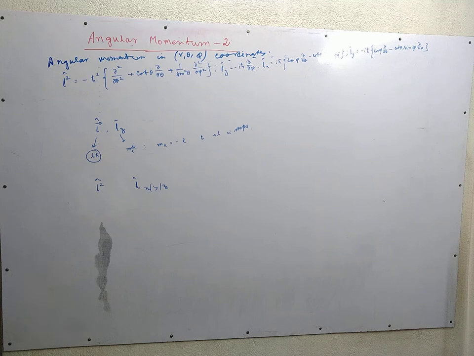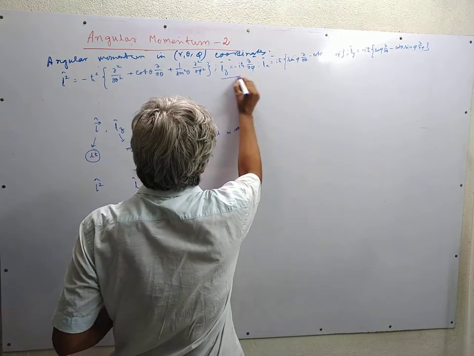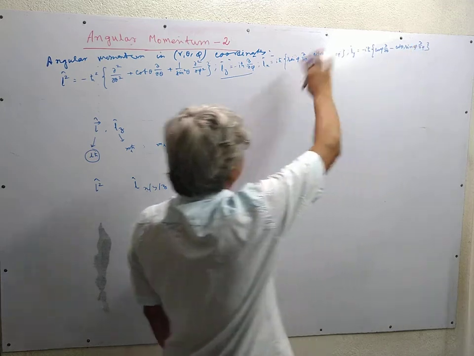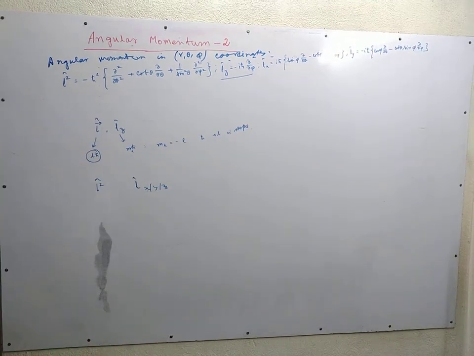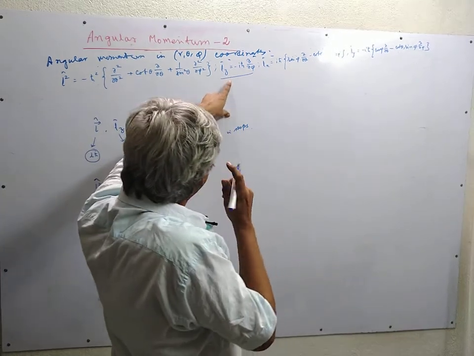In any coordinate system, the z-axis is the special axis of symmetry, except in Cartesian, where the z-axis has no special status. It has equal status with x and y. Secondly, Lz is much simpler compared to Lx and Ly. Lx and Ly depend on theta as well as on phi, while Lz depends on phi only.